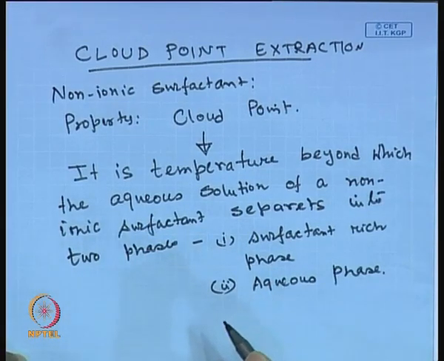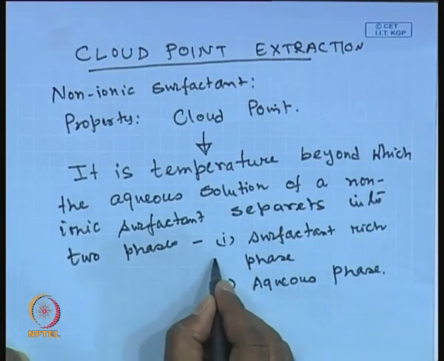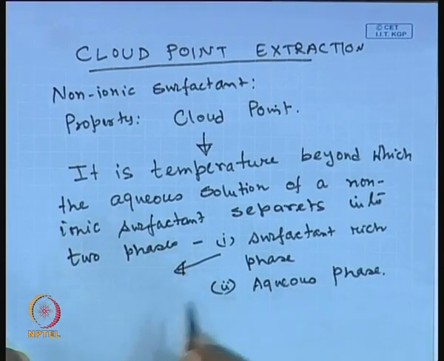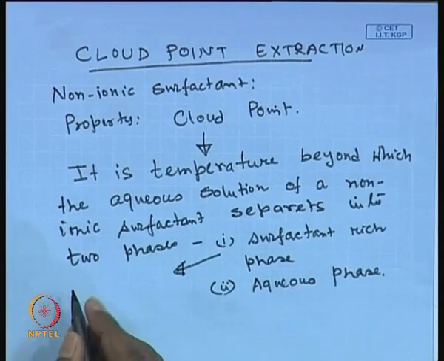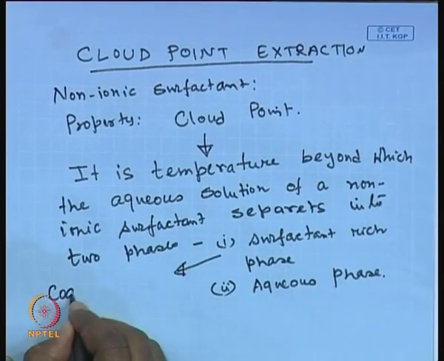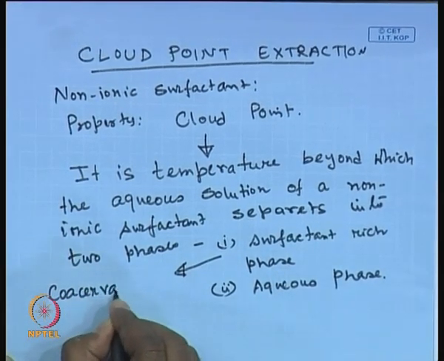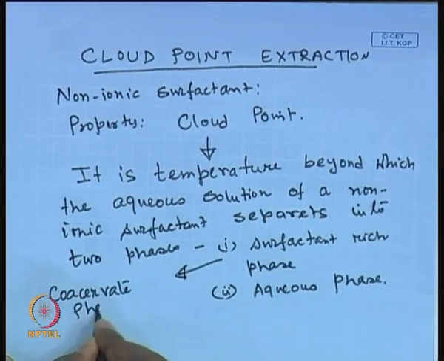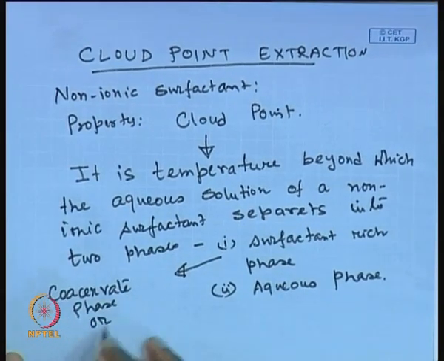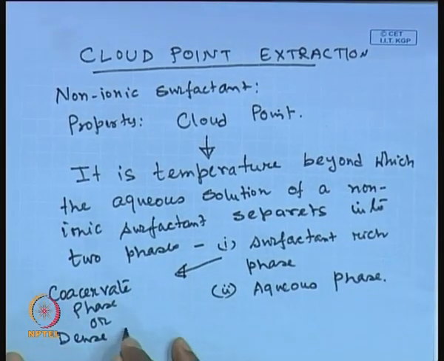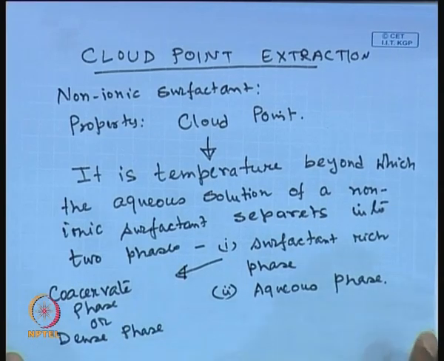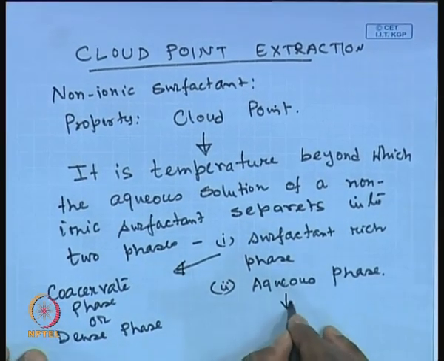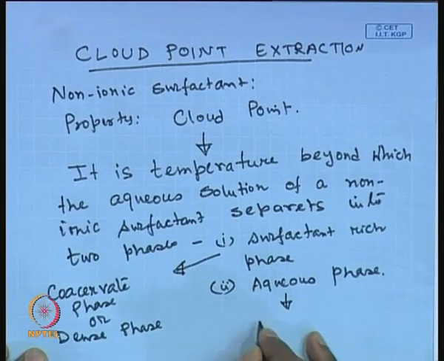Now, there are some names for these two phases. This surfactant rich phase is known as the coacervate phase or the dense phase, and the aqueous phase is known as the lean phase or the dilute phase.